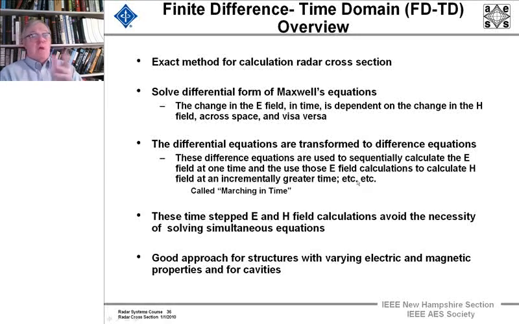We bootstrap it: in between, we calculate the E fields as a function of H in time. It's a bootstrapping method, and it marches in time. These time-stepped E and H field calculations avoid the necessity of solving simultaneous equations, and that's the great part. And it's a good approach for structures with varying electric and magnetic properties and for cavities.